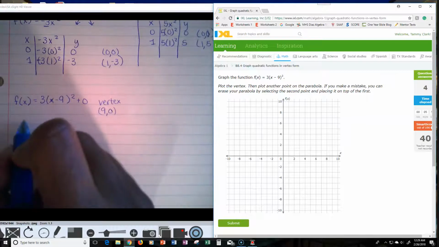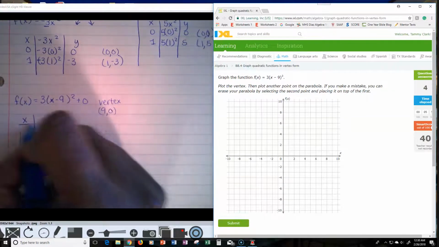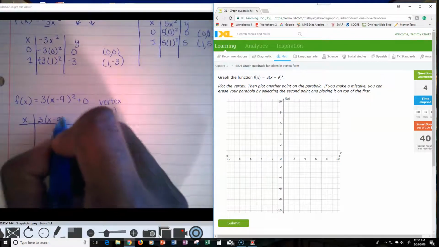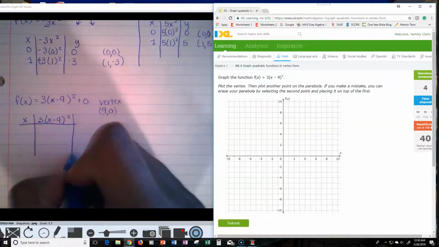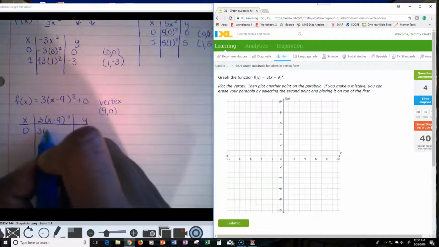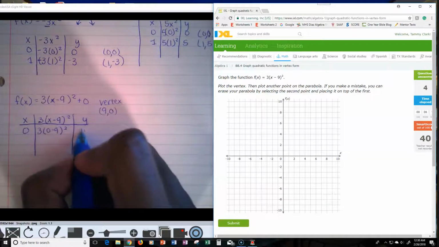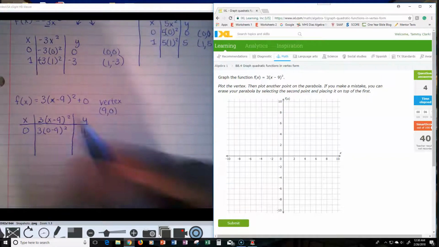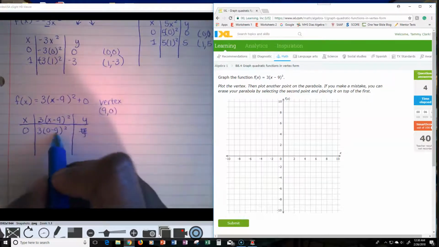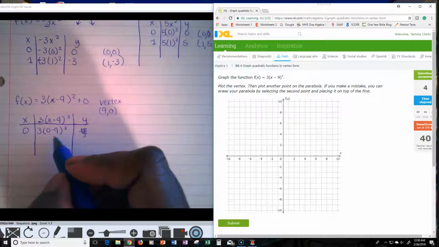So we've got our x, and we've got 3x minus 9 squared, and it's going to spit out a y. So if we put a 0 in, we've got 0 minus 9 squared. So 0 minus 9 is negative 9.